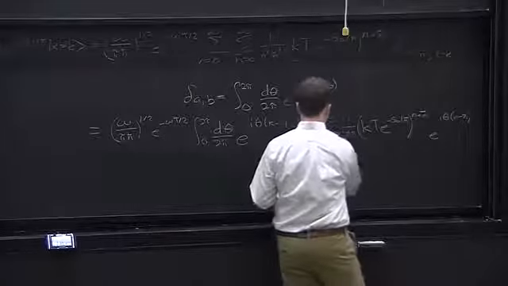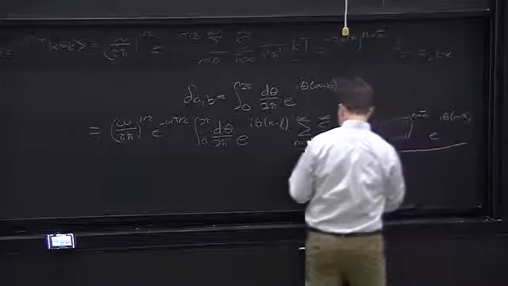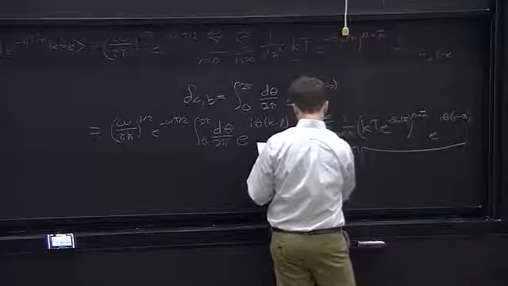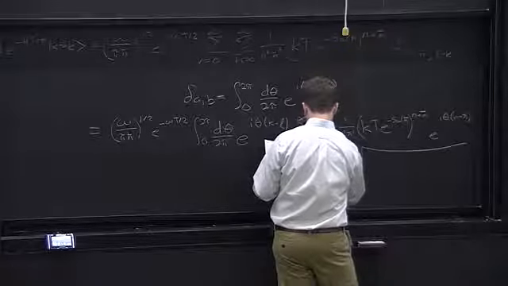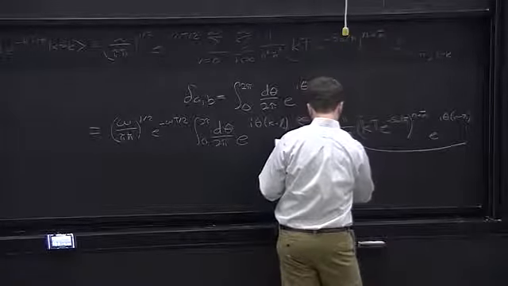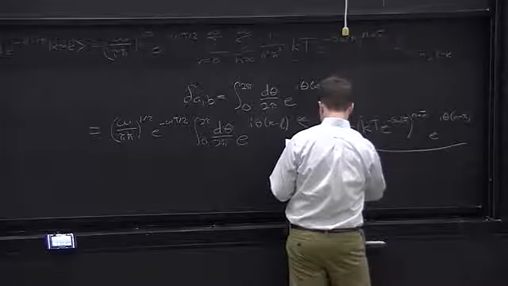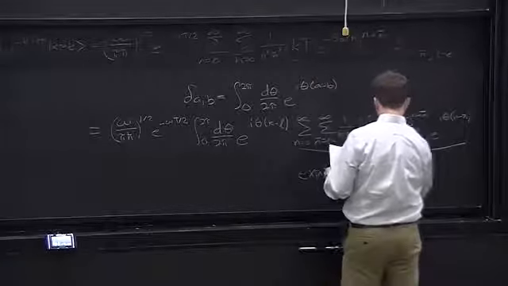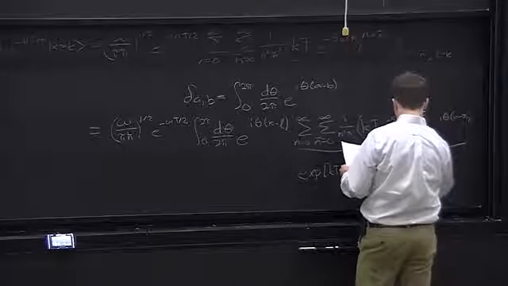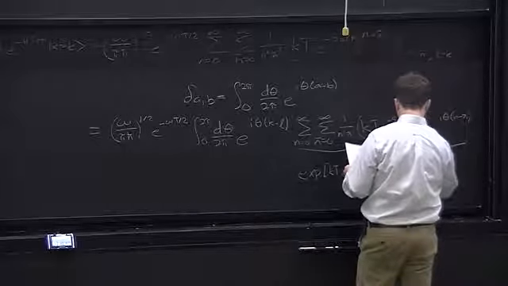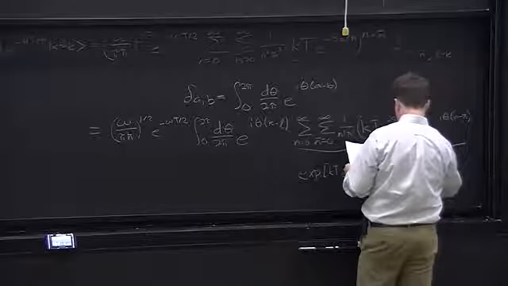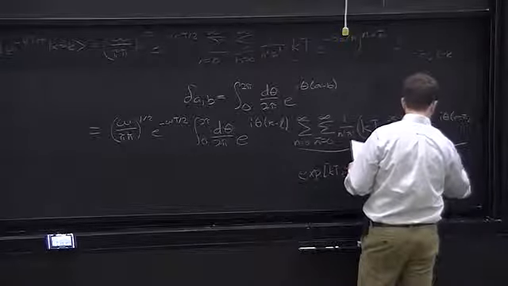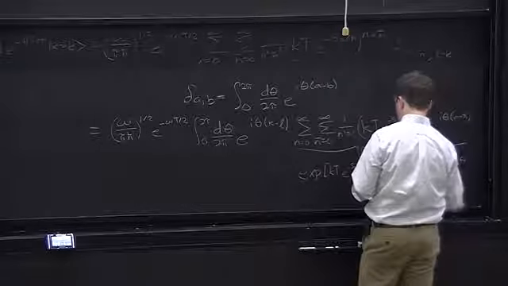And so this becomes e to the kt, e to the minus S naught over h bar, e to the i theta, times e to the kt, e to the minus S naught over h bar, e to the minus i theta.